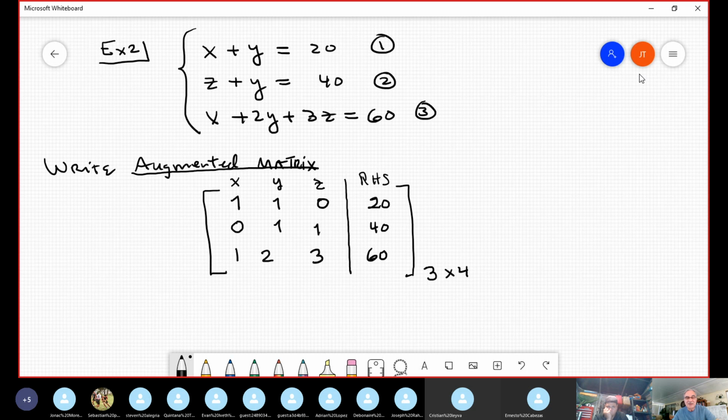Why 4 columns? The classical 3 columns of the variables x, y, z, and 1 extra for the augmented matrix, because you attach the right-hand side.